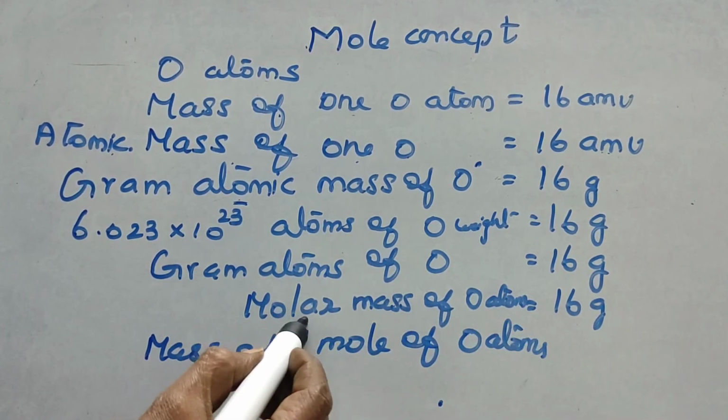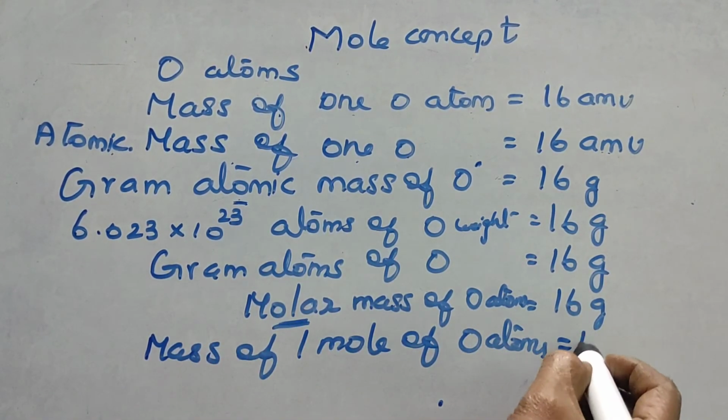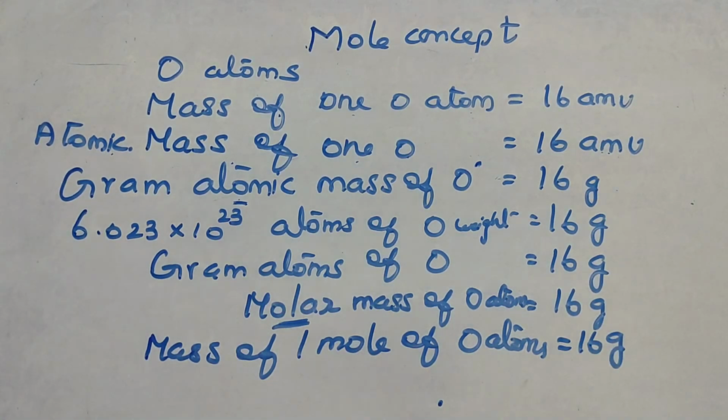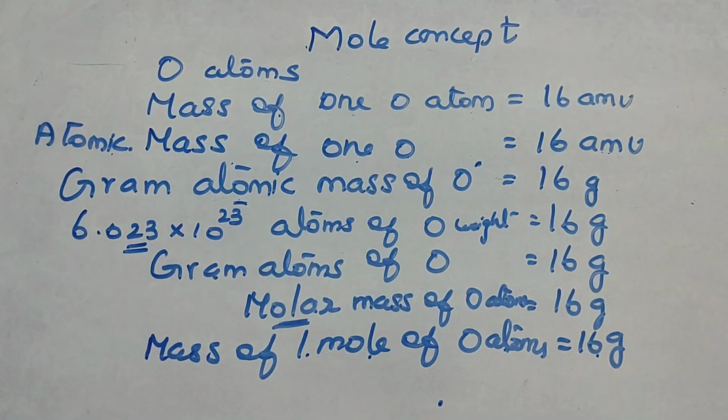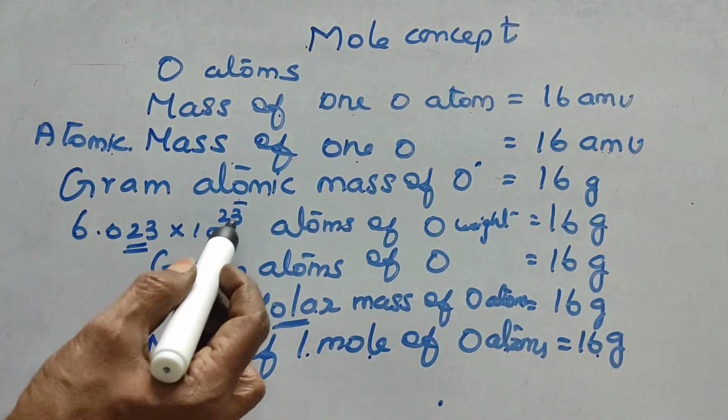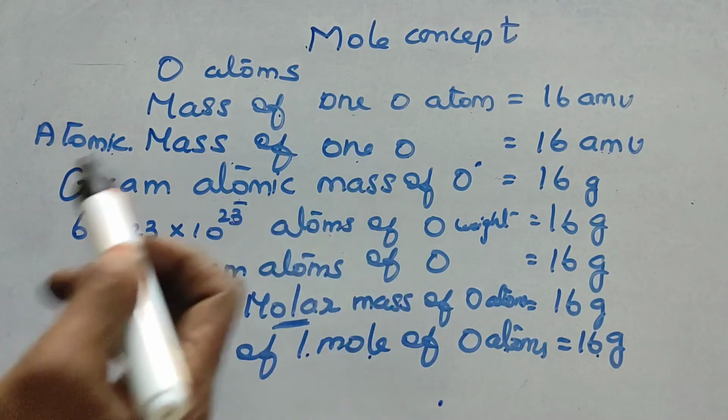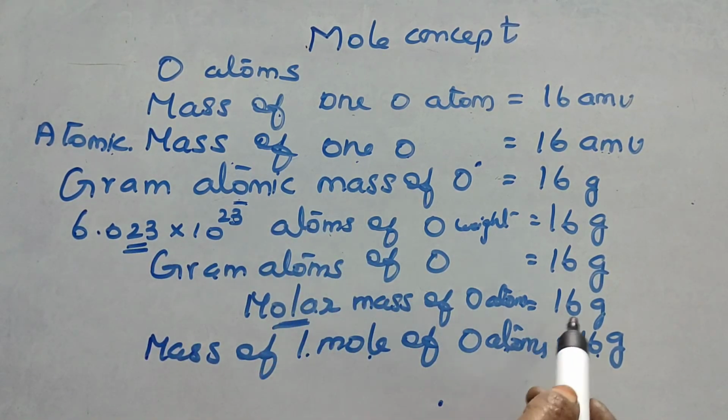That's why we call it molar mass. 16 grams contain 6.023 into 10 to the power of 23 atoms of oxygen. That's why we call it molar mass, the mass of 1 mole of oxygen atoms, 16 gram.